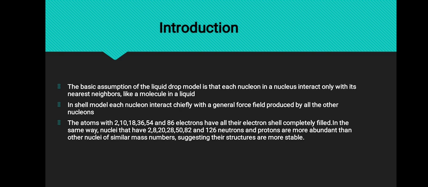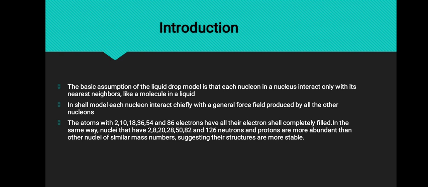The atoms with 2, 10, 18, 36, 54 and 86 electrons have all their electron shells completely filled. In the same way, nuclei that have 2, 8, 20, 28, 50, 82 and 126 neutrons or protons are more abundant than other nuclei of similar mass number, suggesting their structures are more stable.